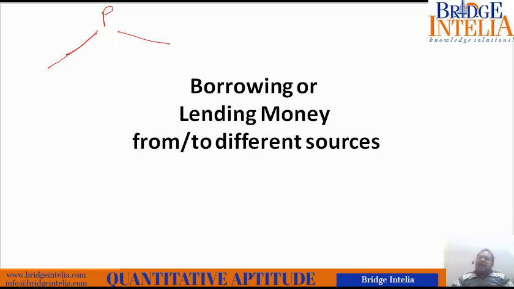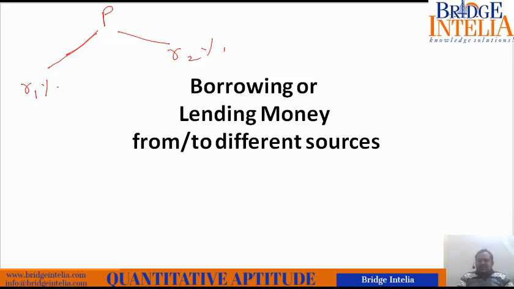Why different people? Because the rate is different. Rate R1% and R2%. So this is the case of dividing money into two parts and lending or borrowing it at different rates from different sources. So let's see what kind of questions we are going to encounter. What is the funda, what is the maths behind this pattern of questions.